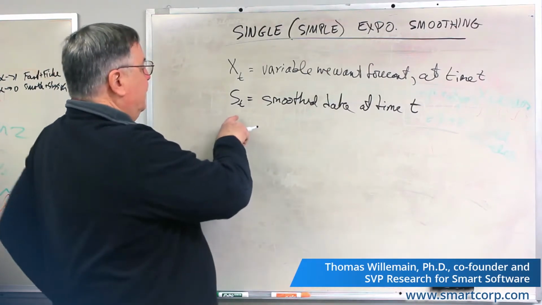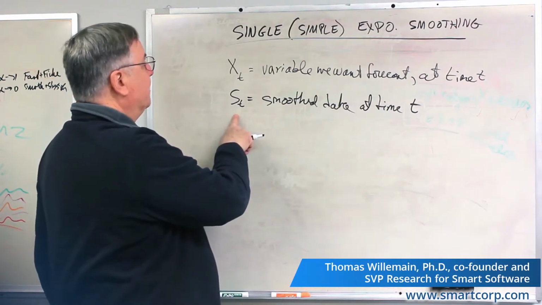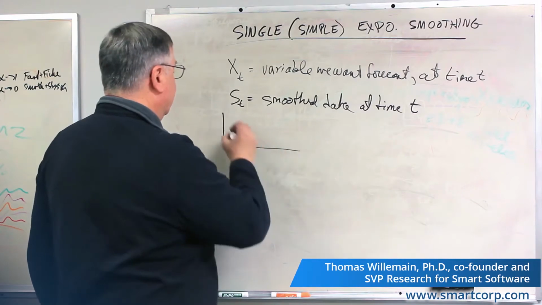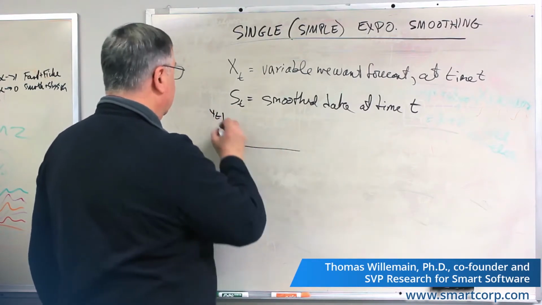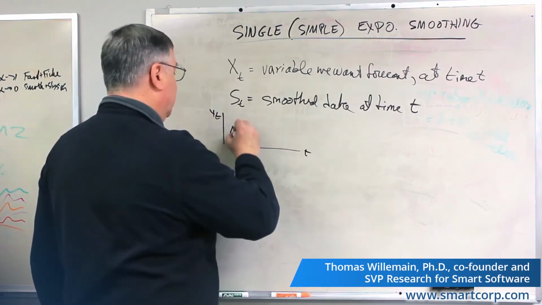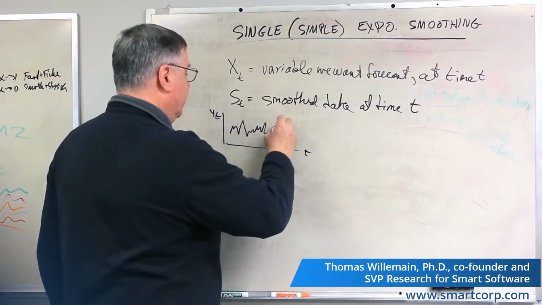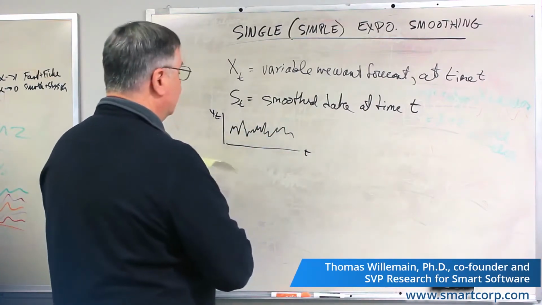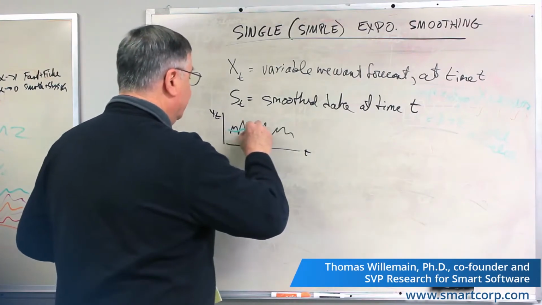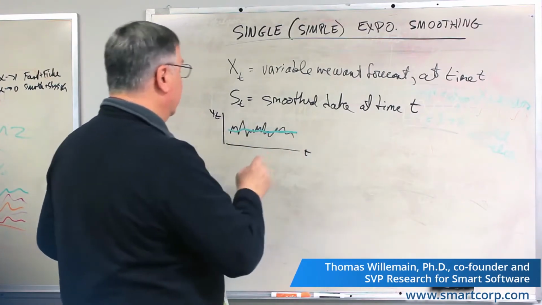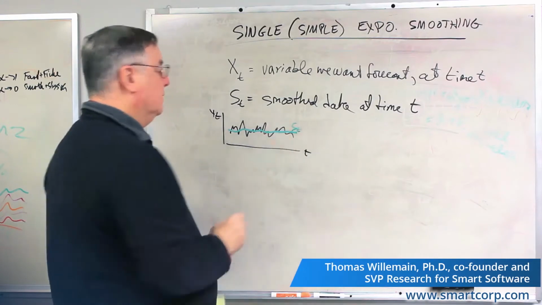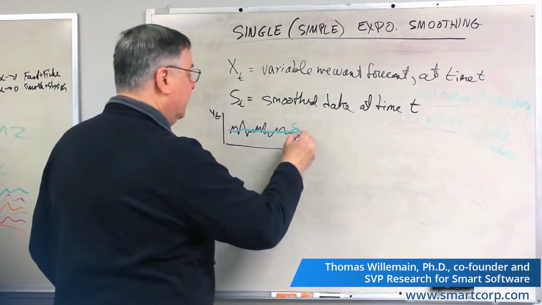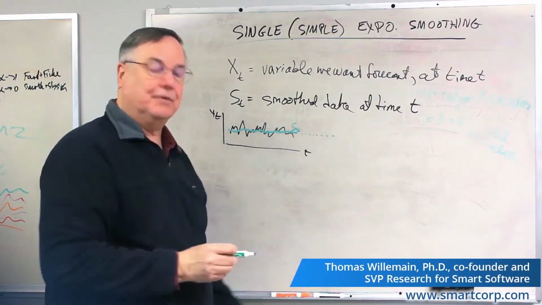So what we're going to do is, remember the picture. Here's x of t against t. It's zigzagging along. S of t, I'll try green here. S of t is going to be our estimate of where the middle is, and it'll form the basis for a forecast.